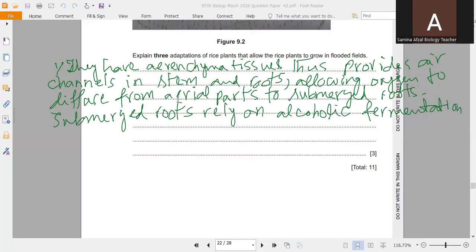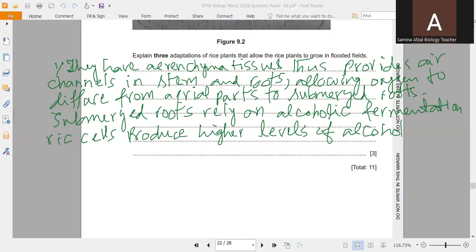In alcoholic fermentation, rice cells produce higher levels of alcohol dehydrogenase to break down ethanol.